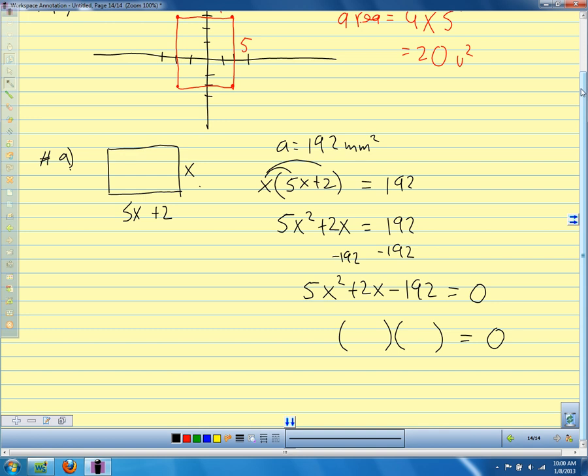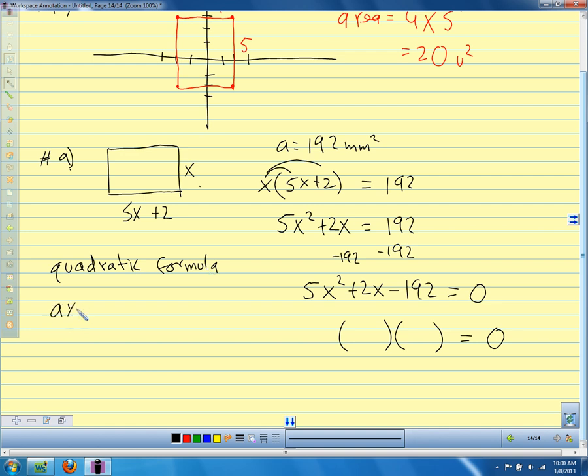In the margin of your flip book, you might want to write this down because it's going to come up a fair amount this semester. The quadratic formula.